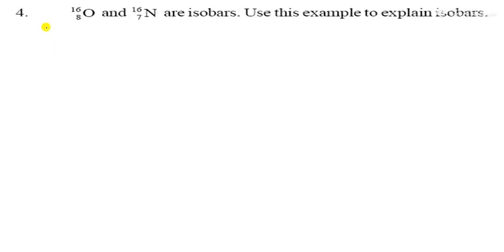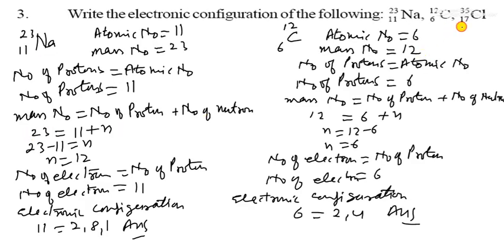Now come to this one. So you have only one, and that is chlorine 35. You can write here, it is chlorine. It is 17 and 35. So first of all, the atomic number is 17, and the mass number is 35.